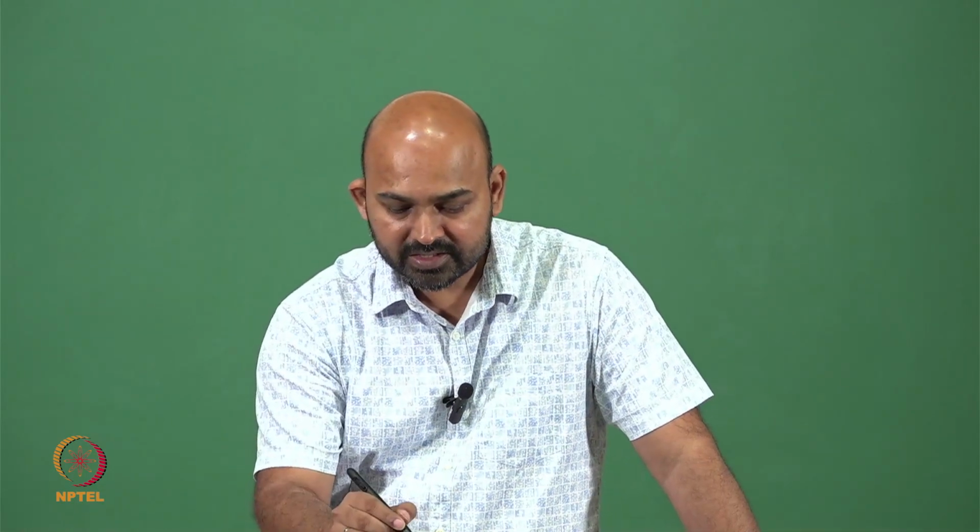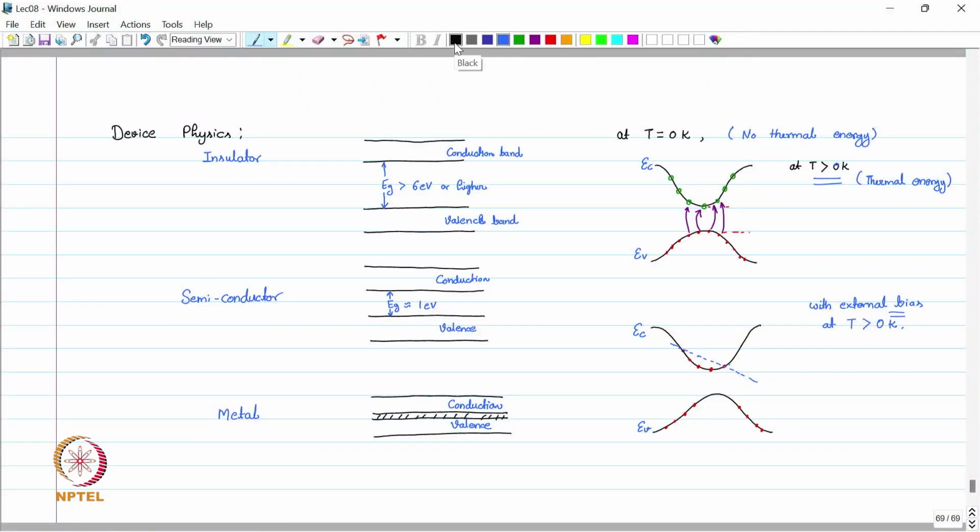The relation between the effective mass and the curvature is 1 over m star equals 1 over h bar square into d square E by dk square.